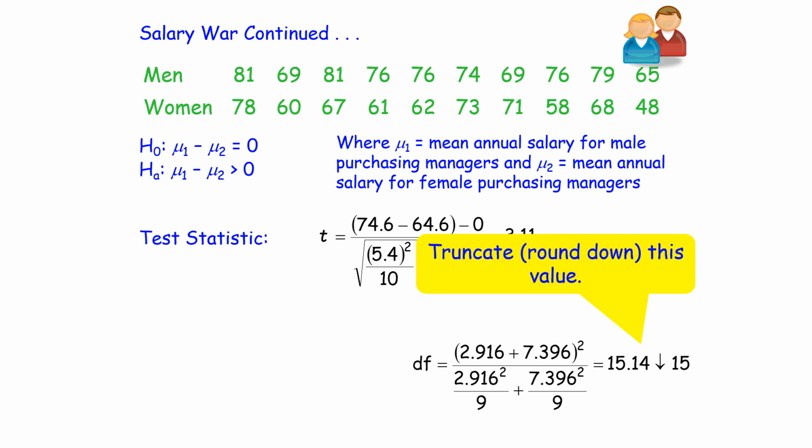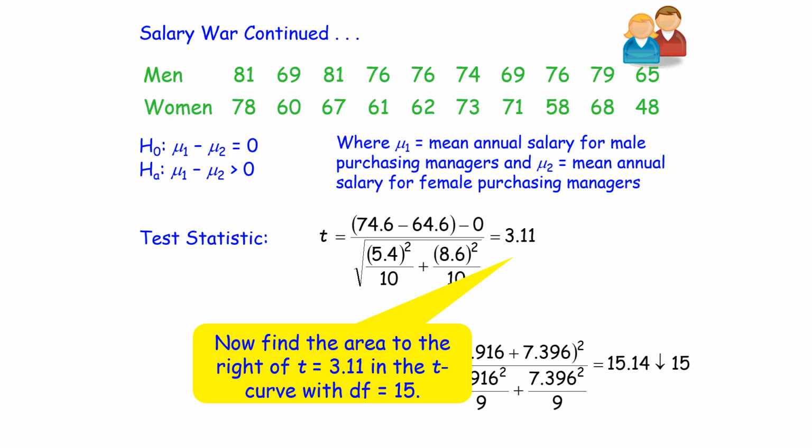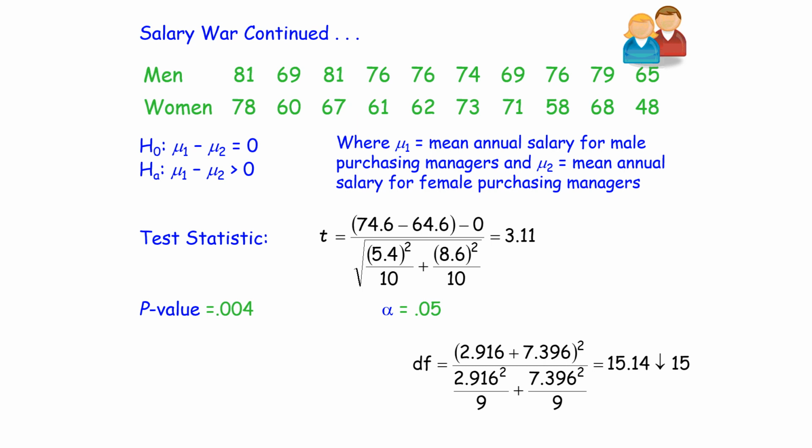Remember, we're going to truncate or round down this value, so that would become a 15. So now we're going to find the area to the right of t equals 3.11 in the t-curve with degrees of freedom of 15, which is going to give us a p-value of 0.004.